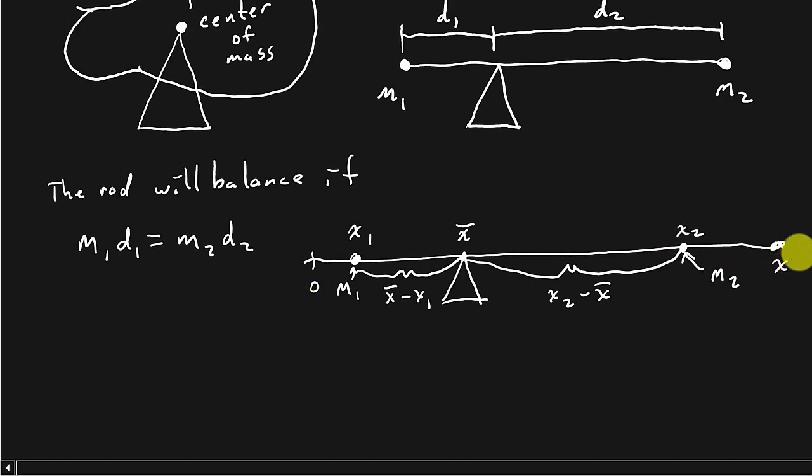This is our x-axis here, with distances 0 to x1 and 0 to x2, and these are the distances between them.